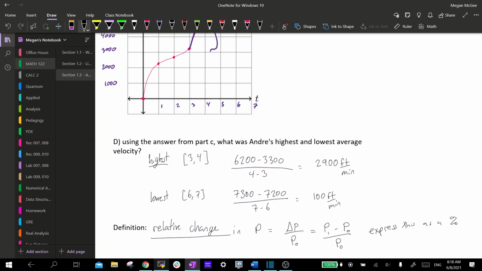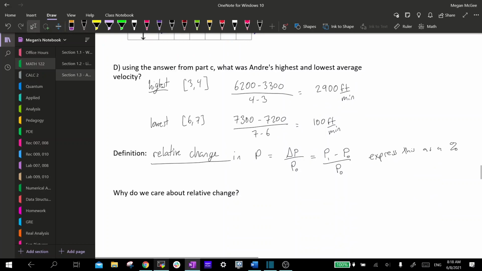Okay, so good question. Why do we care about relative change? Well, let me give you this for an idea. If the population of New York changes by 1,000, I don't know how many millions of people live in New York, but I assume it's a lot.